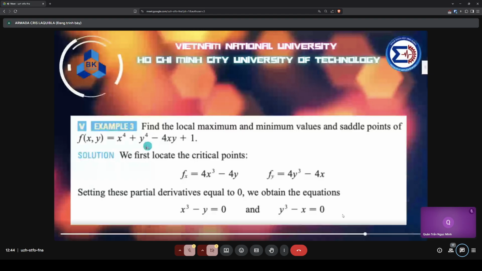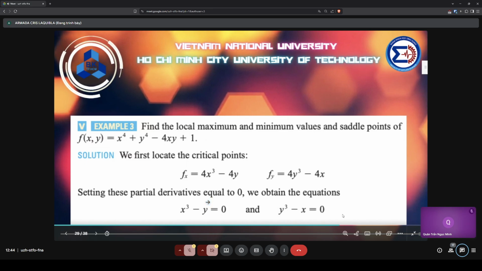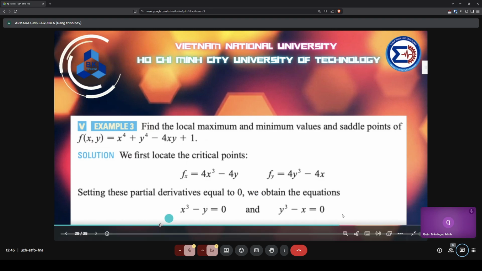For example, there's an ln here. Please be prepared for that. If there's an ln x, you solve the derivative with respect to x, so it should be 1 over x, correct? So you have to memorize all the derivative formulas.